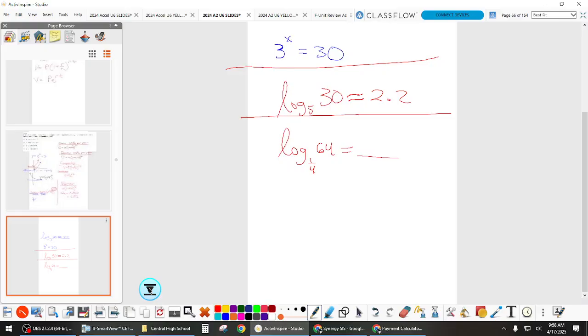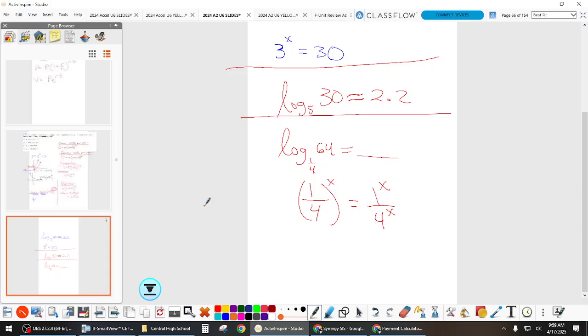How do we make 1/4 be 64? Alright, well, if we rewrite it in exponential notation, actually, let's pause here and remind you that you can break up a fraction to an exponent and take each one to the exponent, okay?